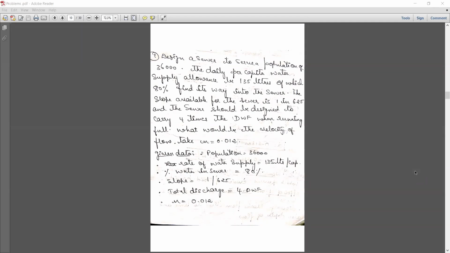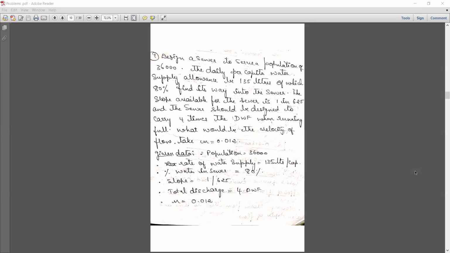First is MCQ, which will be completely theory, and the descriptive type answers will be problems from the first module as well as the second module. Both modules are there for the exam, and problems will be there from both.